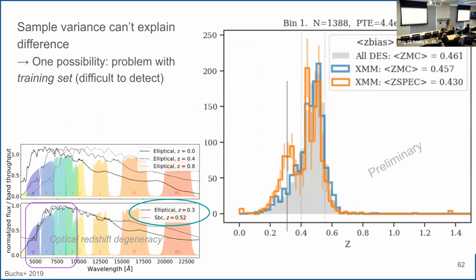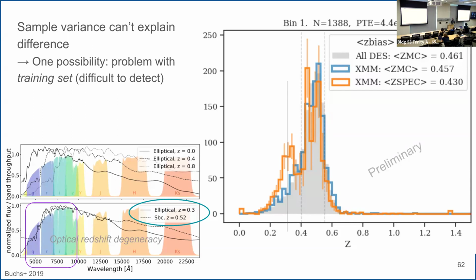If we look at one of the things that might cause this type of effect, not claiming this is exactly what's going on, but just to illustrate the types of training bias that might show up as something like this, you have this redshift-color degeneracy. With DES we have griz, and we have these two different types of galaxies, which look pretty similar at 0.3 and 0.5.